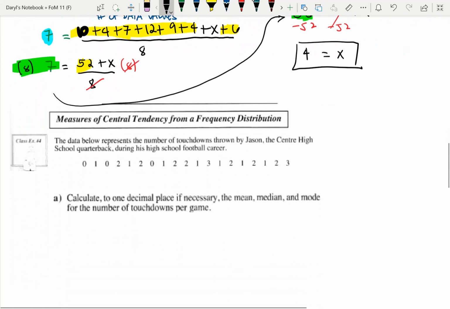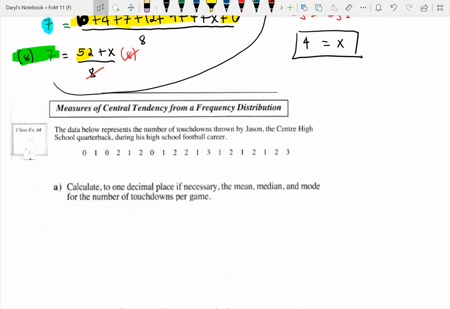Now we move on to example number 4. The data below represents the number of touchdowns thrown by Jason, the Center High School quarterback, during his high school football career. So again, these numbers here constitute the number of touchdowns.